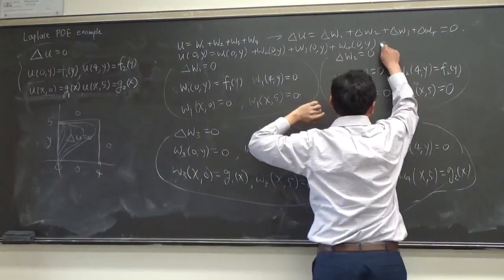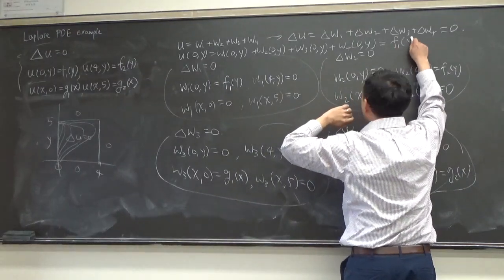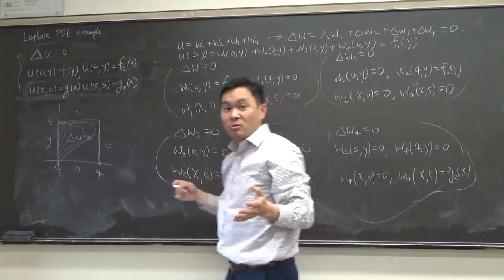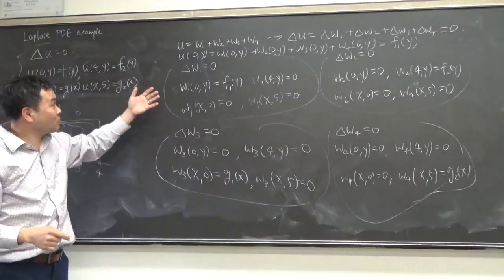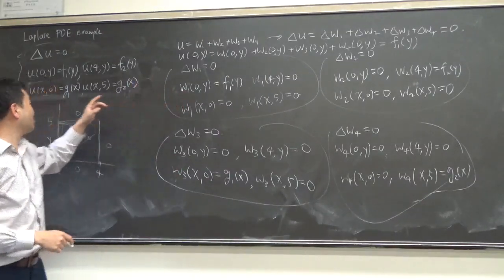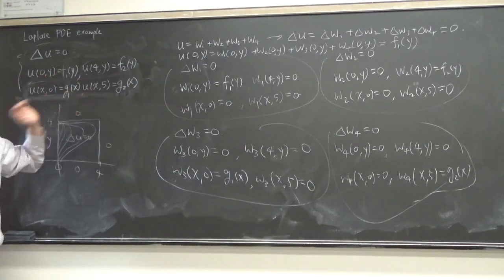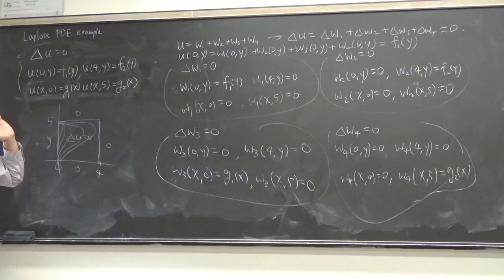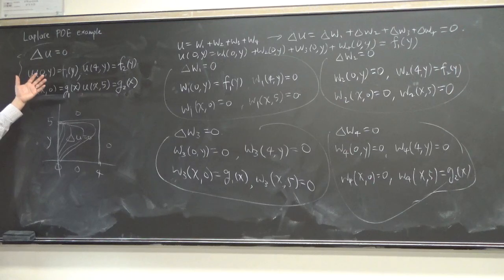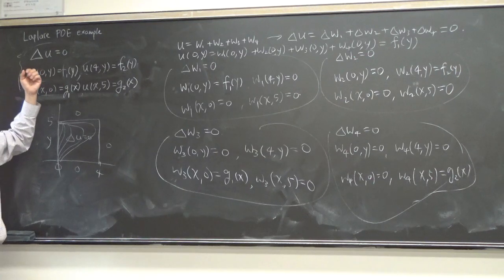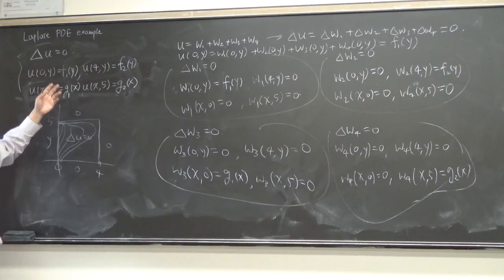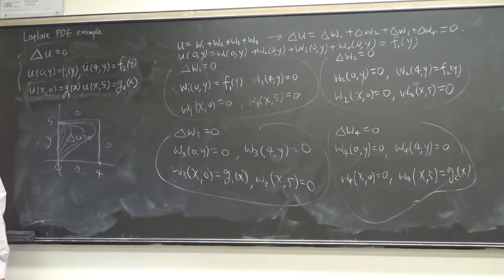So it's going to equal F1 of y. So you can see that if you start doing this for all of the boundary conditions, then you recover all of these conditions, right? You get that? So by doing that, we can solve the Laplace PDE for the case when you don't have 3 zeros. You can have all of them non-zero. You can still solve it.